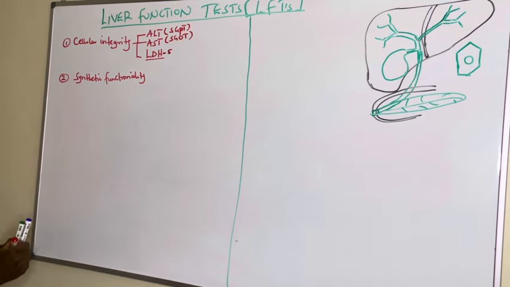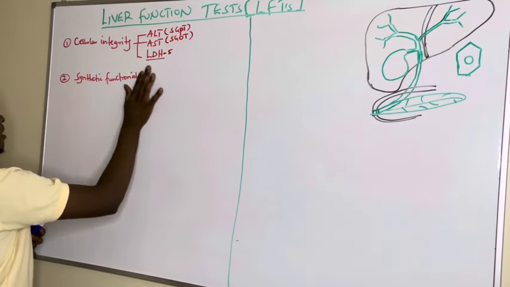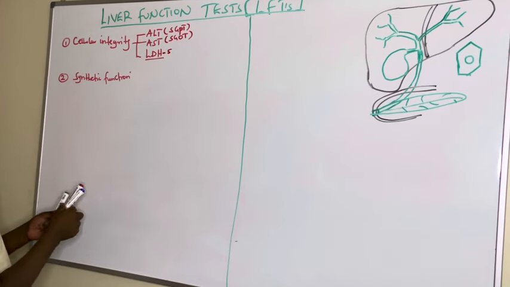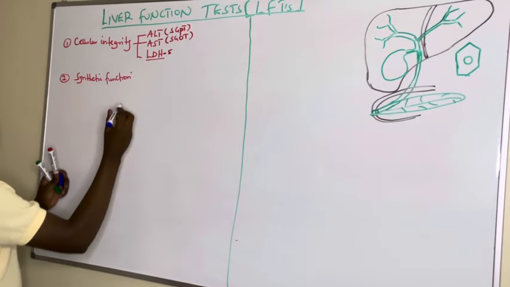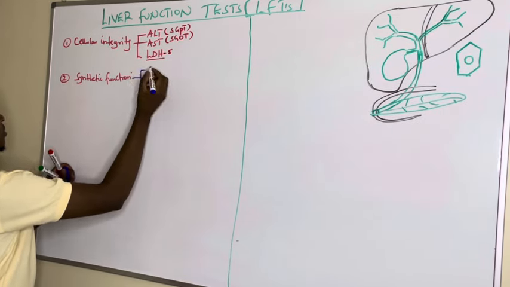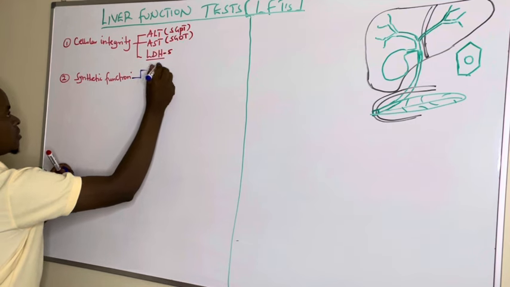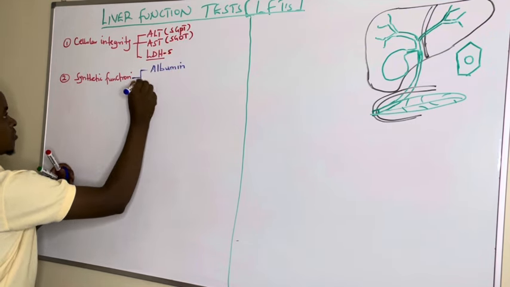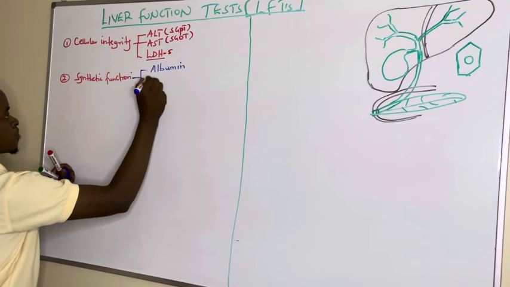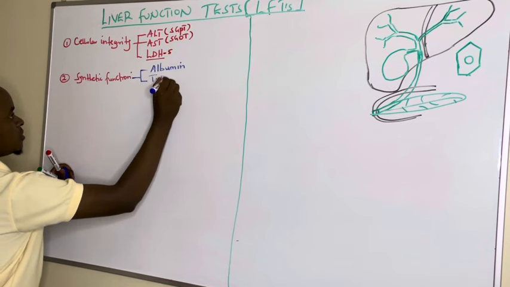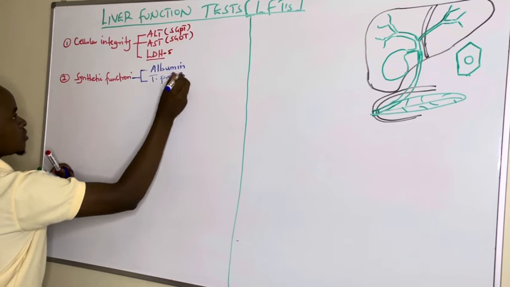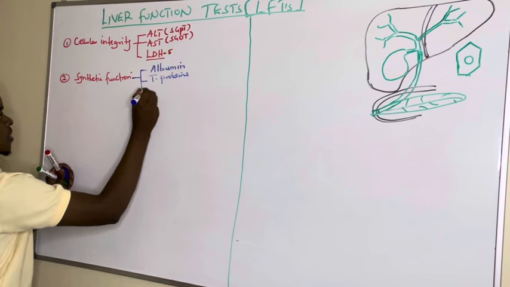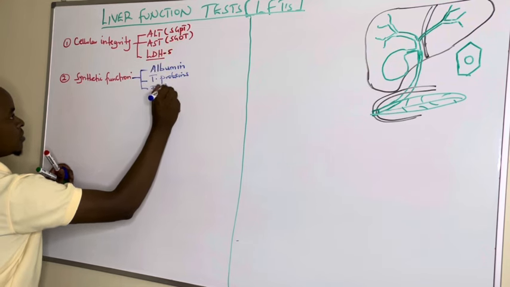And those that detect the synthetic function of the liver include albumin. We see albumin being synthesized in the liver. We shall look at total proteins, and lastly we shall look at prothrombin time test.